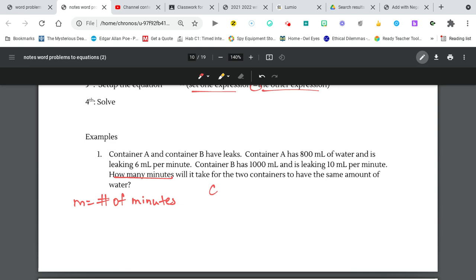So I'm going to have container A versus container B. And let's set an expression up for container A.